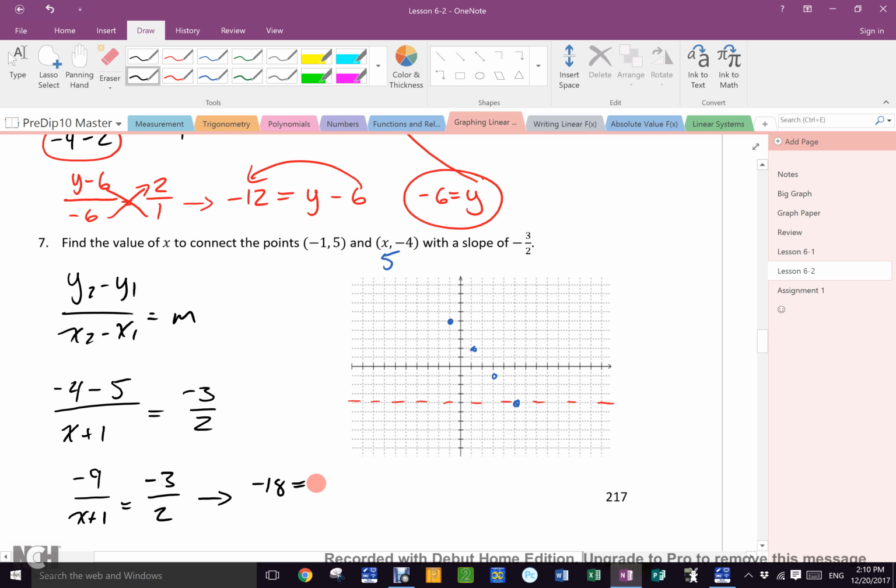Negative 3x. What's negative 3 times 1? Negative 3. What do I do with that negative 3? Move it over. What does that give me? Negative 15 equals negative 3x. Now what? Divide by negative 3. What does that give me for x? 5.